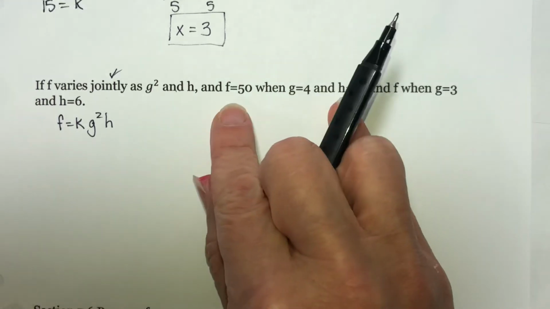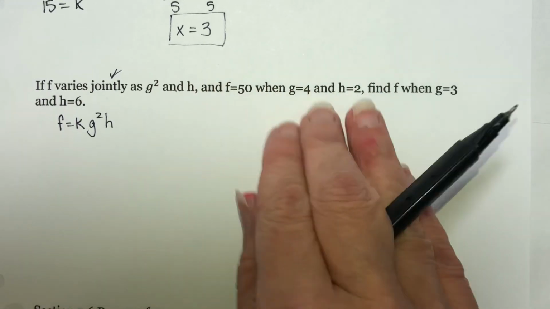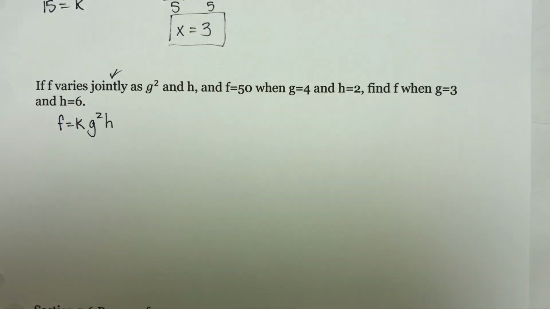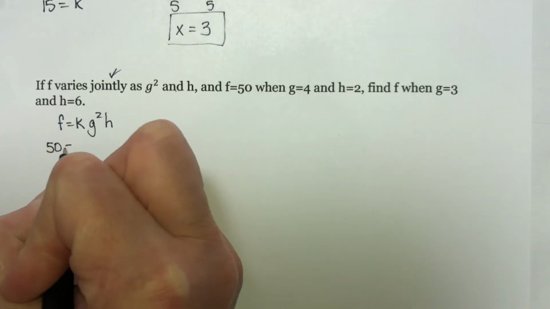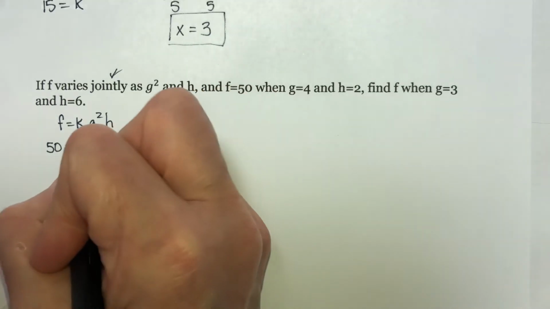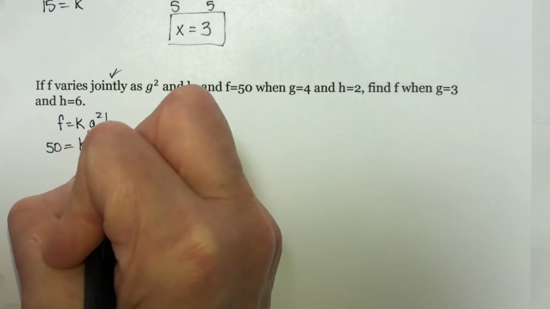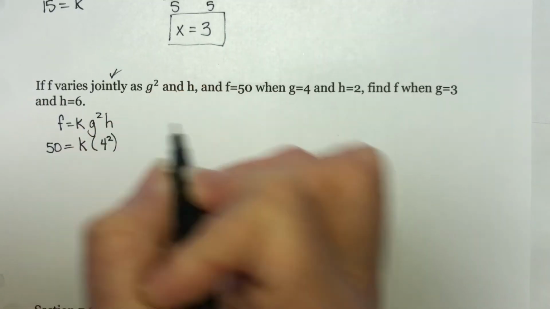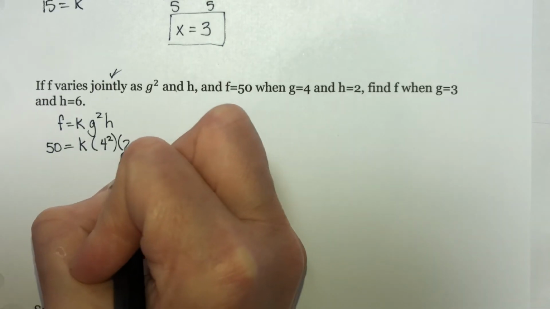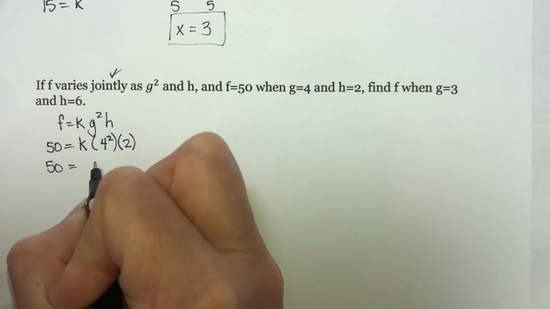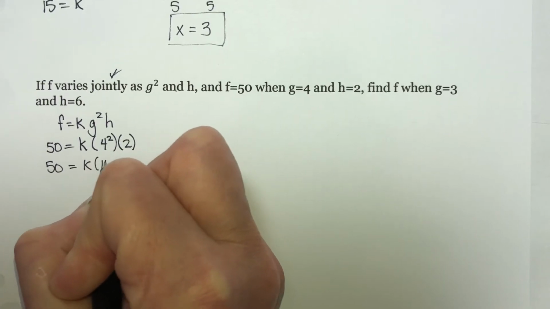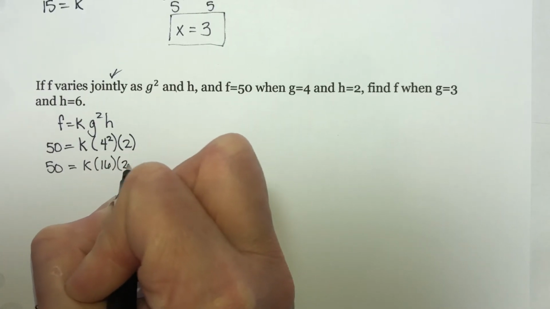Now these sound worse because you have more information, you have more variables to fill in for, but they still work the same way. F is 50 when g is 4, so I'm going to write k times 4 squared times h, which is 2. So this is 50 is equal to k times 16 times 2.